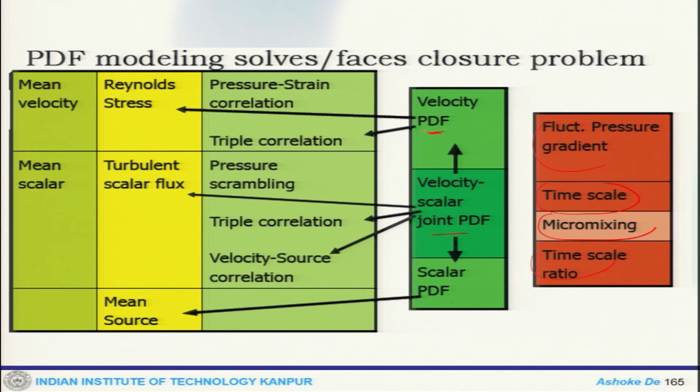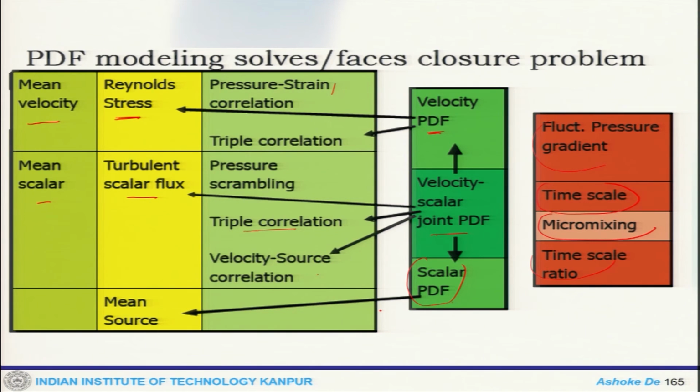Now, using the velocity PDF you close the Reynolds stress term, and also the pressure strain correlation and triple correlation are closed using this velocity PDF, and this is where the mean velocity and mean scalar come from the Eulerian framework. Using the joint scalar PDF, you close the turbulent scalar flux, the velocity source correlation, and the triple correlation. These are the terms which you close using the information of the joint velocity scalar PDF, and only using the scalar PDF do you close the mean source term.